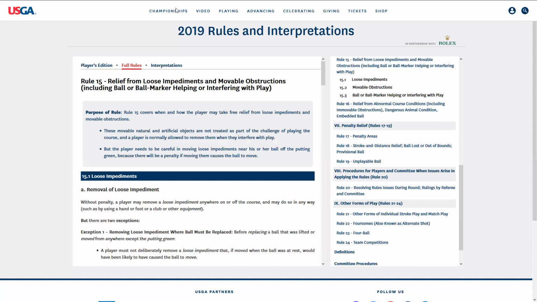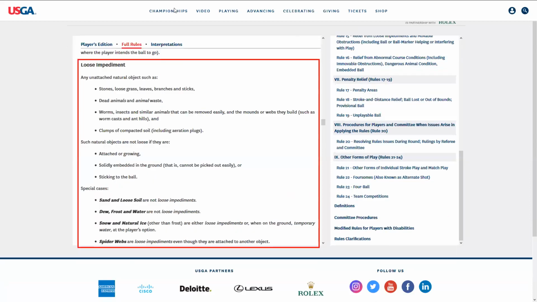They've upgraded the language. It used to be called dung, now it's called animal waste. Worms, insects, similar animals that can be removed easily, and the mounds or webs they build, such as worm casts and anthills. So, is an anthill a loose impediment? Yes, because the definition says it is a loose impediment.